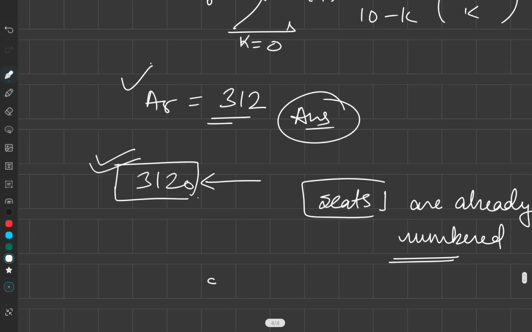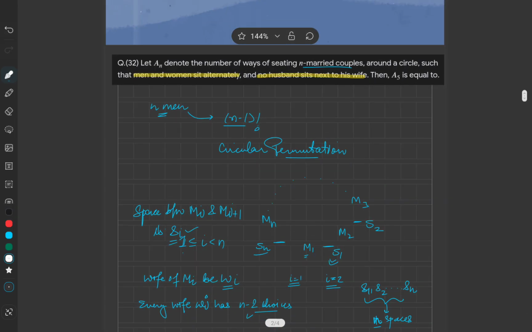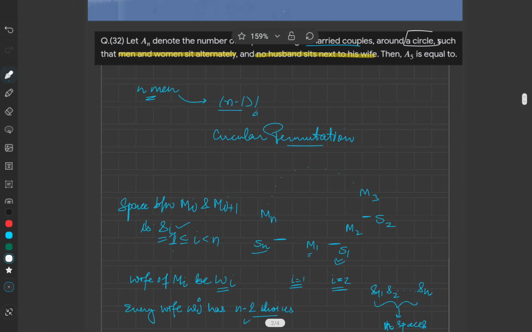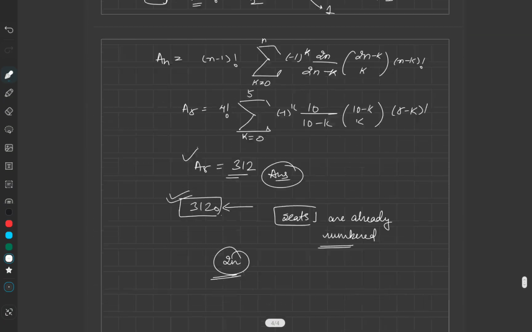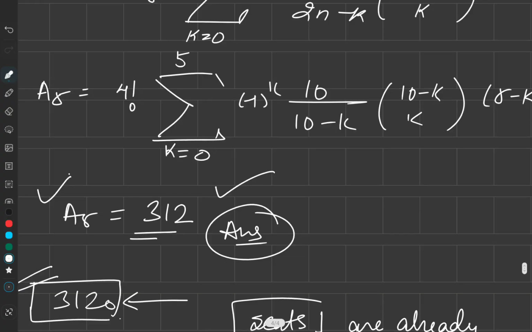So if we solve for it, then an extra factor of 2n comes into play. But in the problem it was not given that the seats are distinct. It's just said around the circle, so we do not claim the seats to be different, and this gives us our answer as 312. This is the answer to this problem, right?